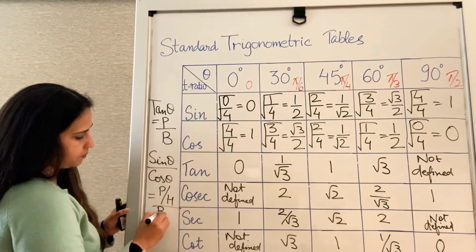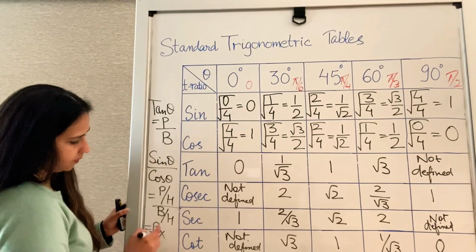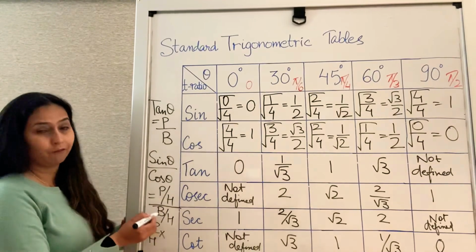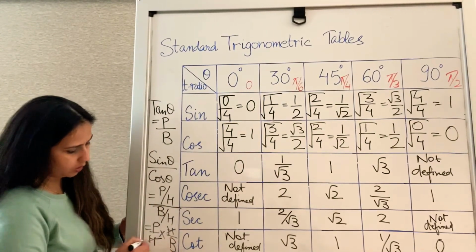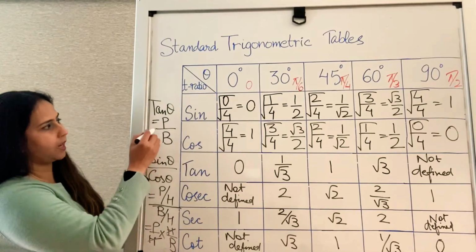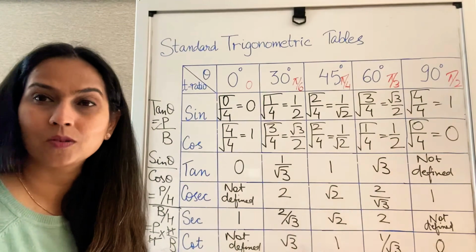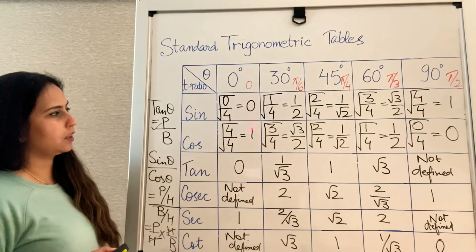Cos theta we know is base over hypotenuse. So this is P over H divided by B over H. A division means you make it a multiplication and flip the fraction. So this is H over B now. H cancels, this is P over B, the same. So that's the reason: to write the trigonometric table for the tangent values, you can use sine theta over cos theta.